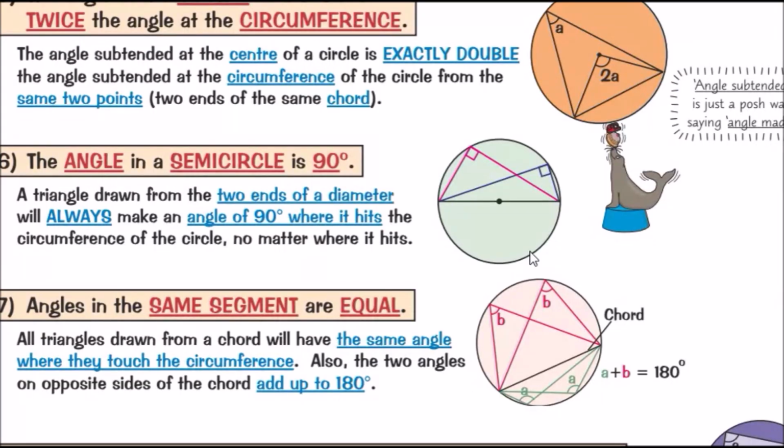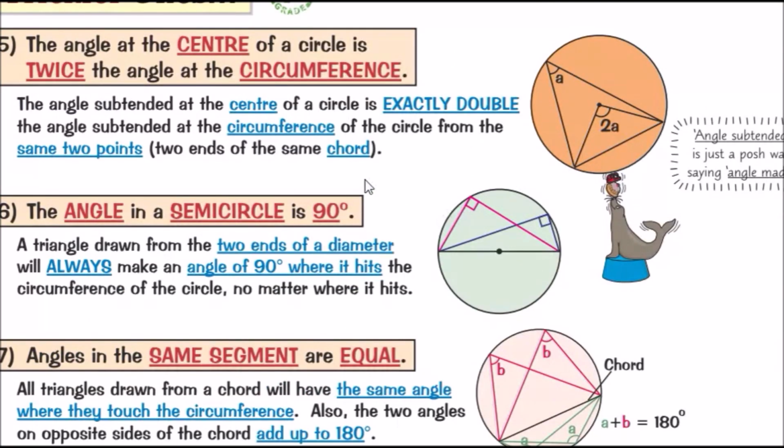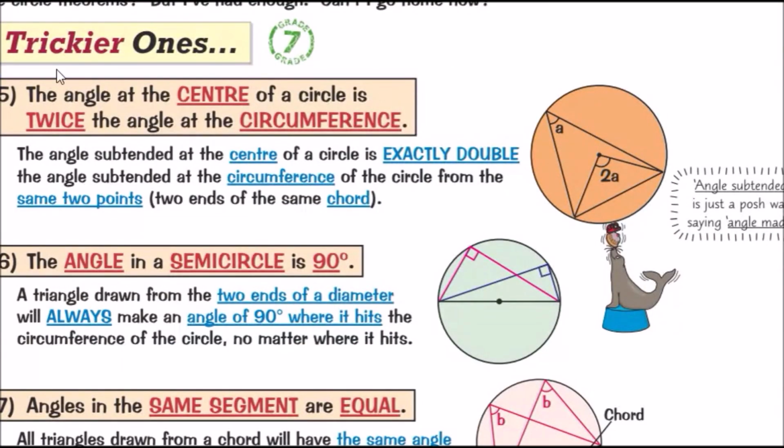And here's a proper definition. If you guys got a CGP book, and I highly recommend it, I'm talking about this point here, number 5. It says that the angle at the center of a circle is twice the angle at the circumference. And this is the exact answer you can use for your solution. So I want to just literally say this is going to be the answer we want.